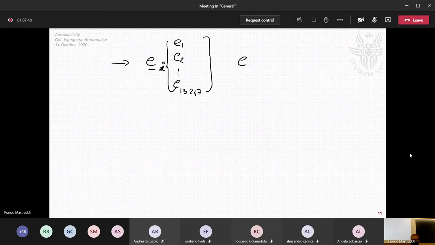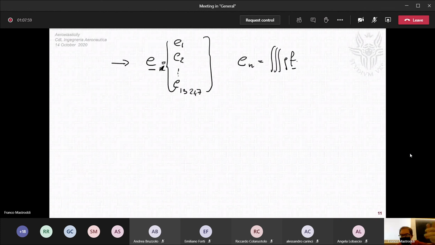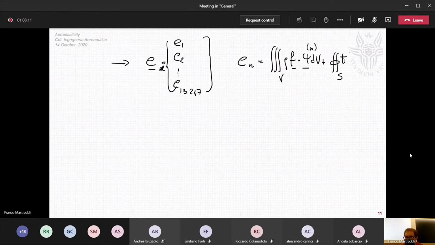And the generic component is equal to the integral on the volume of the projection of your physical weight force, for example, but in general volume force, onto the m-th shape function, plus the projection of your surface force onto the m-th shape function on S.